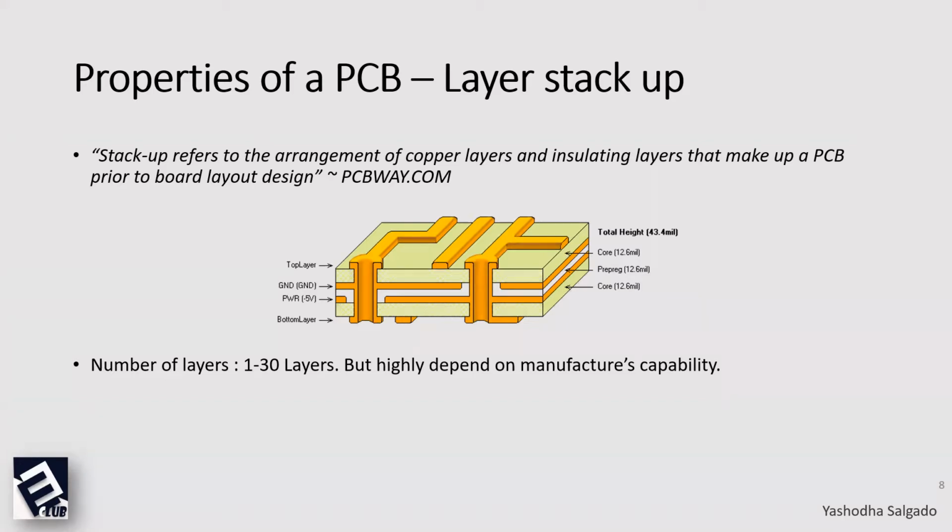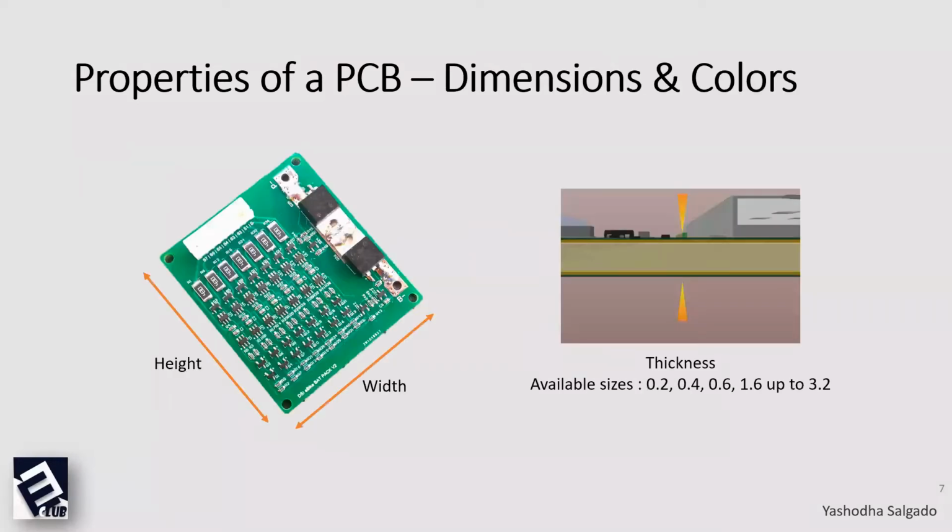Normally, if you talk about our mobile phone PCB or computer PCB, it usually has 16 to 32 layers, but we can maintain the same thickness level.